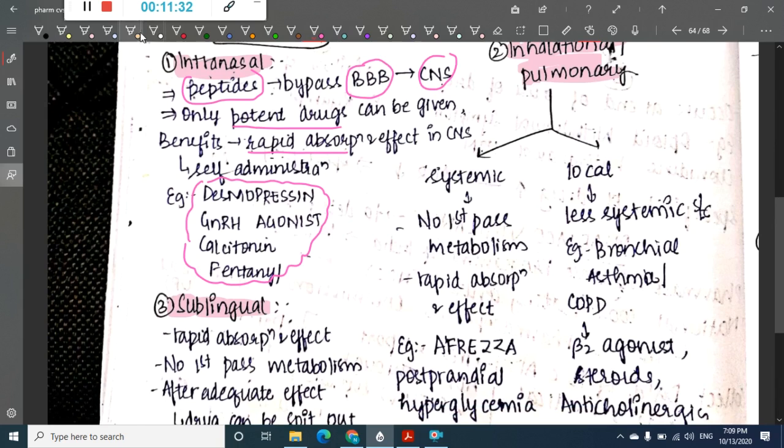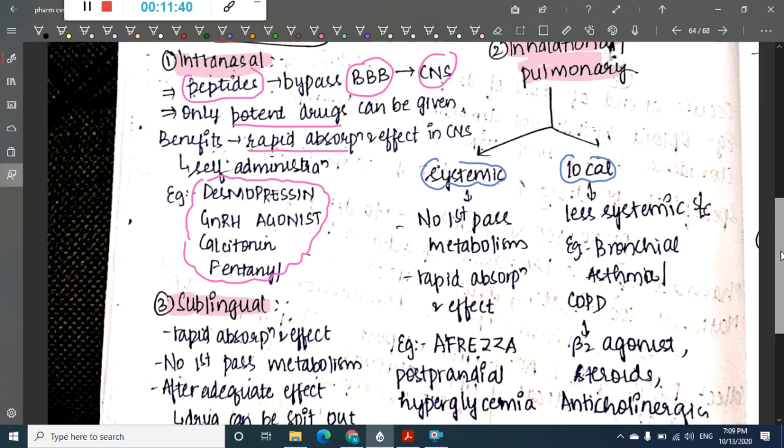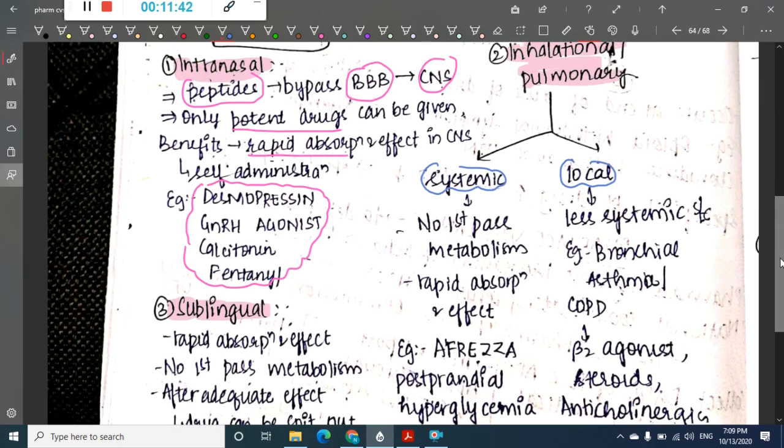Then we have the inhalational route. In inhalational, we have systemic action and we have local action. The drugs which have systemic action through the inhalational route have no first pass metabolism, and as a result they have rapid absorption and effect. The example is Afrezza, used for postprandial hyperglycemia.